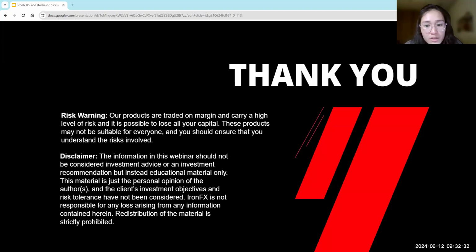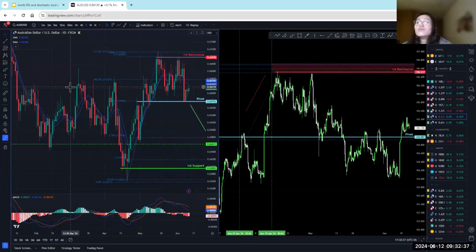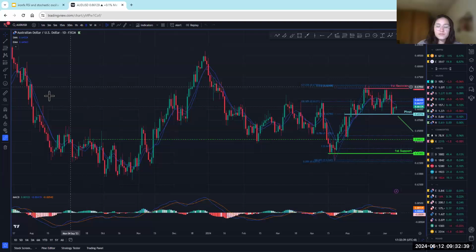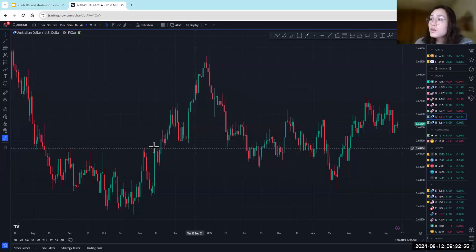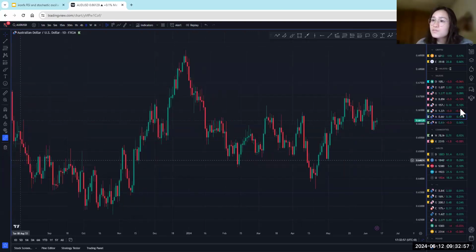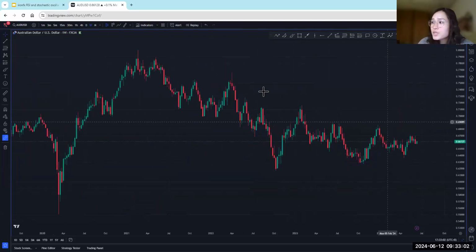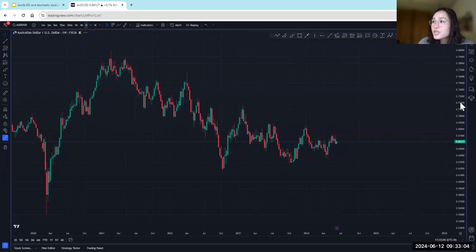Okay, if not, we can go ahead and take a look at AUD first. So on our weekly time frame, you can see price is kind of moving in this downtrend.